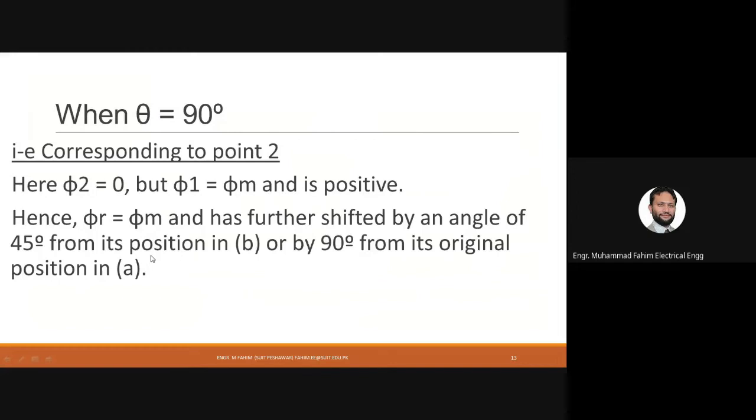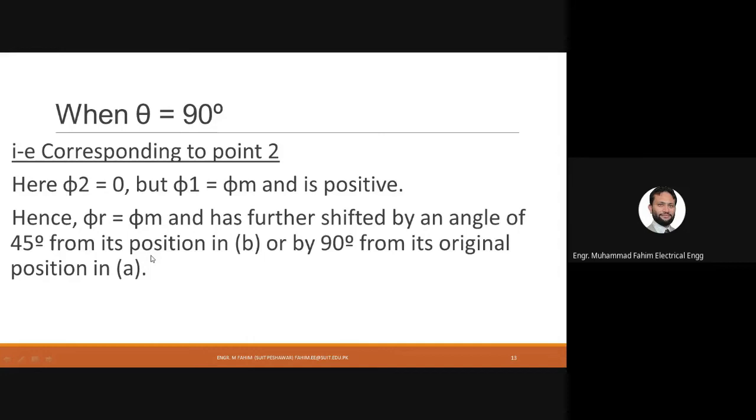Now when theta is 90-degree, it is corresponding to point 2. Here, phi 2 is 0, but phi 1 is equal to phi max and is positive.